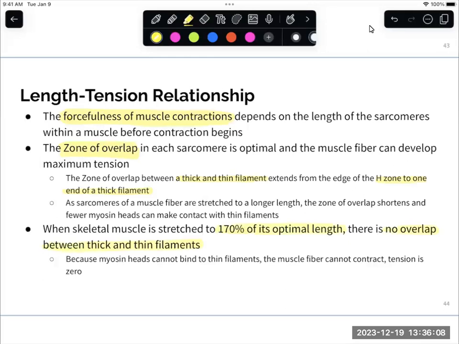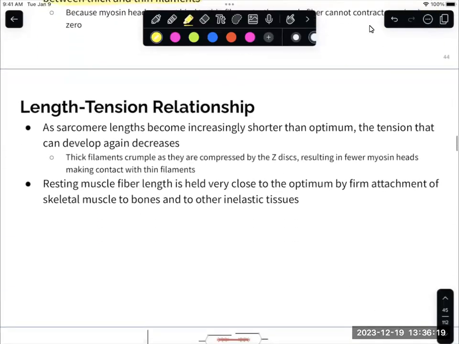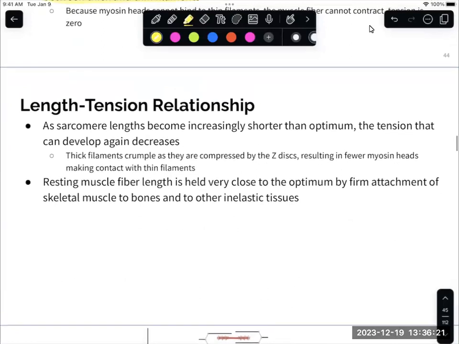Meaning the fiber cannot contract because there's no place for that myosin to bind to that actin because of how stretched that muscle is. As that sarcomere gets shorter and shorter than its optimal length, that tension also decreases because we can't generate as strong of a contraction when that muscle is already somewhat shortened.